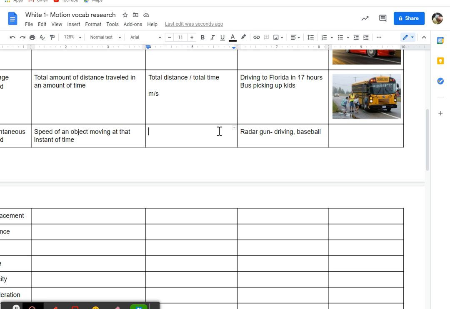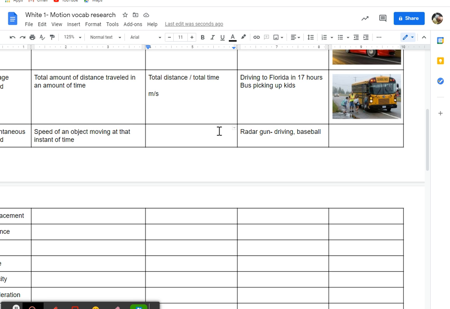All right, so our instantaneous speed, we're going to use the same formula as for regular speed, distance divided by time, even though it is that instant. So it's not really driving a certain distance or time. Did you find a different formula, Ryan? Okay.